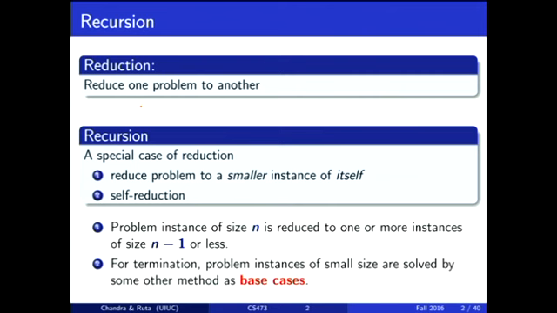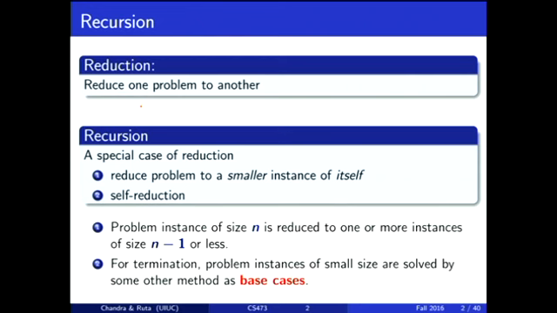Reductions are very important and very basic and intuitive, and recursion is one particular type of reduction where we reduce the problem to a smaller instance of itself. The advantage of recursion is that you don't have to know any other problem. In reductions, typically you need to know that something else can be solved efficiently, and then you can reduce your problem to that.